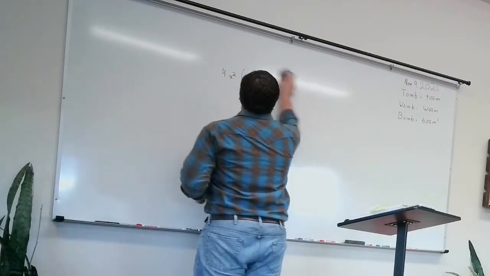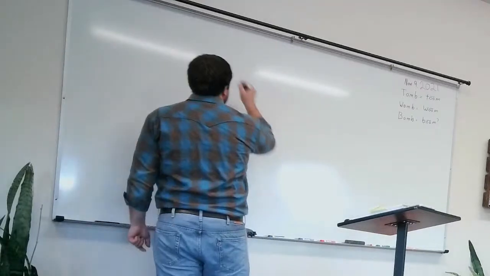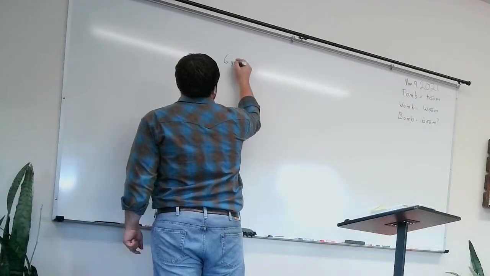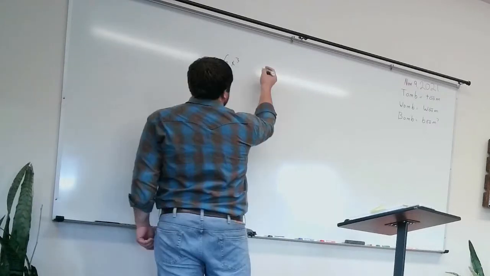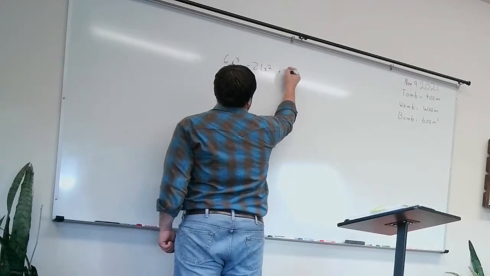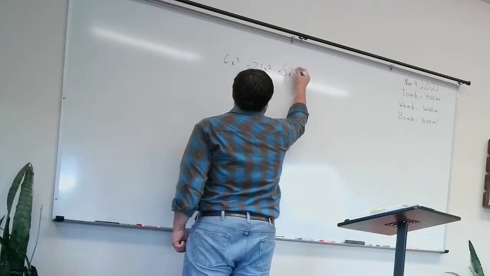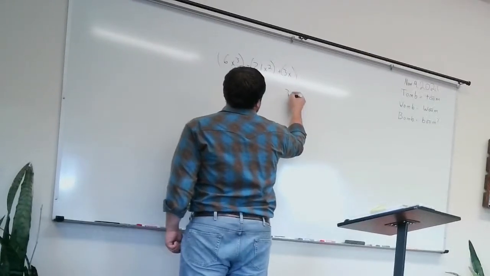All right, so let's start with example number 2. So we have 6x cubed minus 21x squared plus 3x. All right, so factors of 3x are 3 and x.